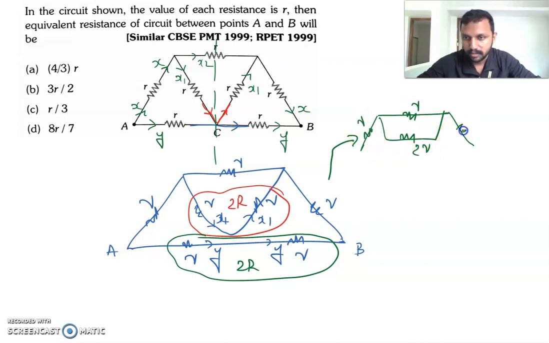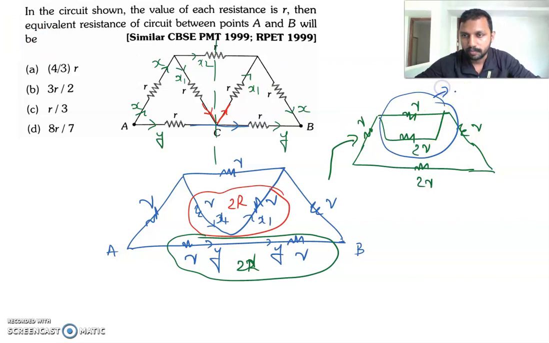This is our R and this is our R, and over here we are getting a 2R resistor. Then these two are in parallel. Parallel means Rp is equal to R1 R2 divided by R1 plus R2, that is 2R into R, that is 2R square, divided by 2R plus R, that is 3R. R and R square will get cancelled. Therefore 2R by 3 is the answer for this.